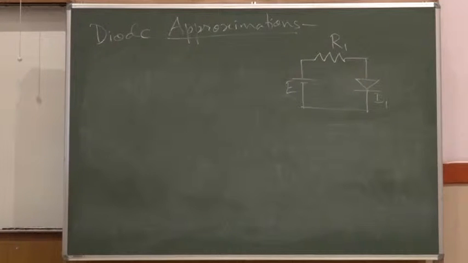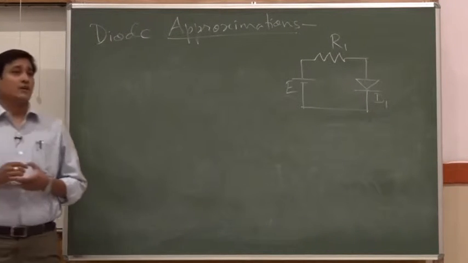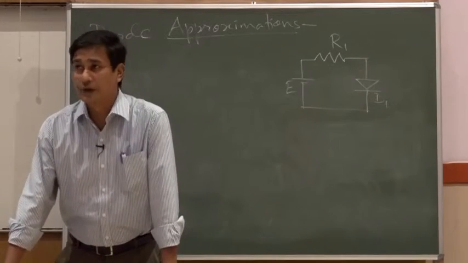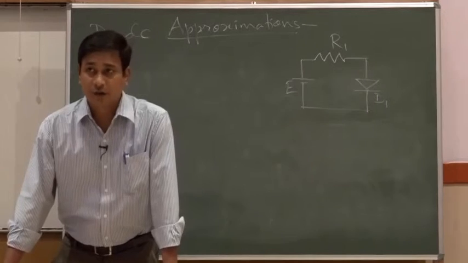Then we analyzed the circuitry considering the diode's actual model. For that, we had to consider the actual IV characteristics of the diode, and also draw a DC load line, so that we could find the quiescent point or the operating point at which this electrical circuitry is working. I think all of you remember that.